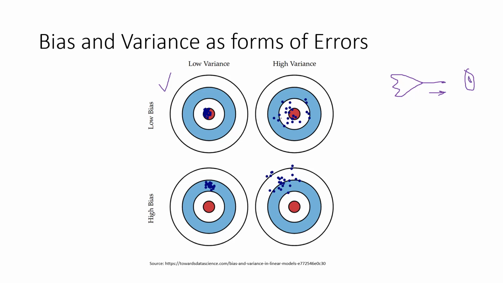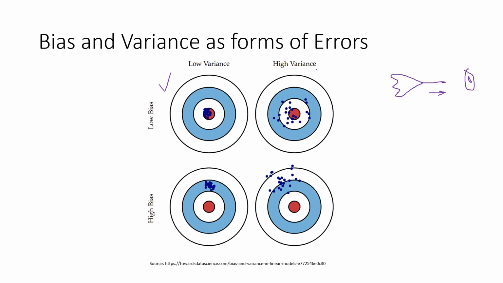So if there is no bias and there's only variance, variance means the outcome can be subjected to change with the type of data.